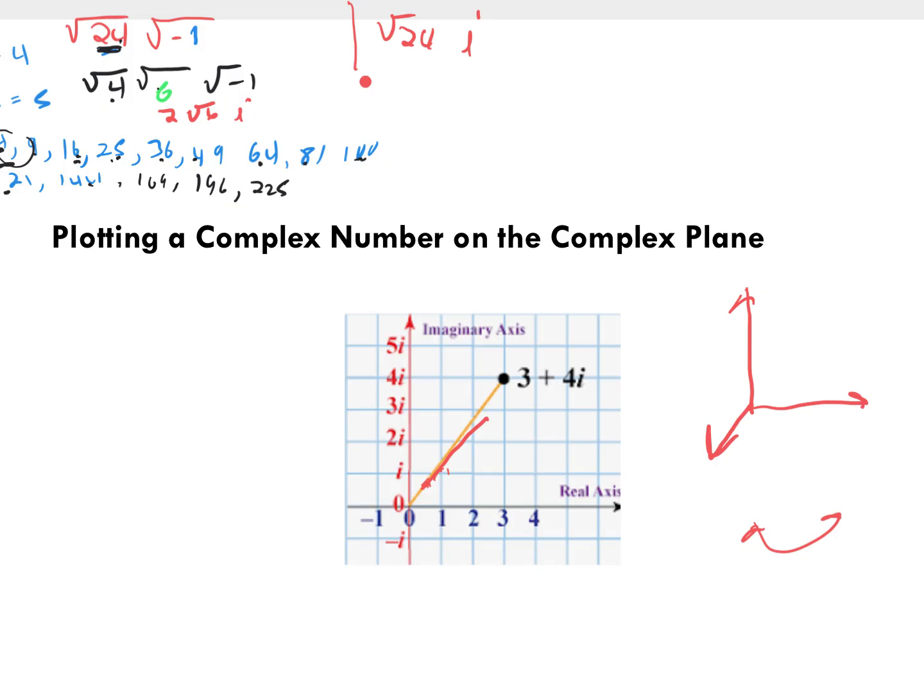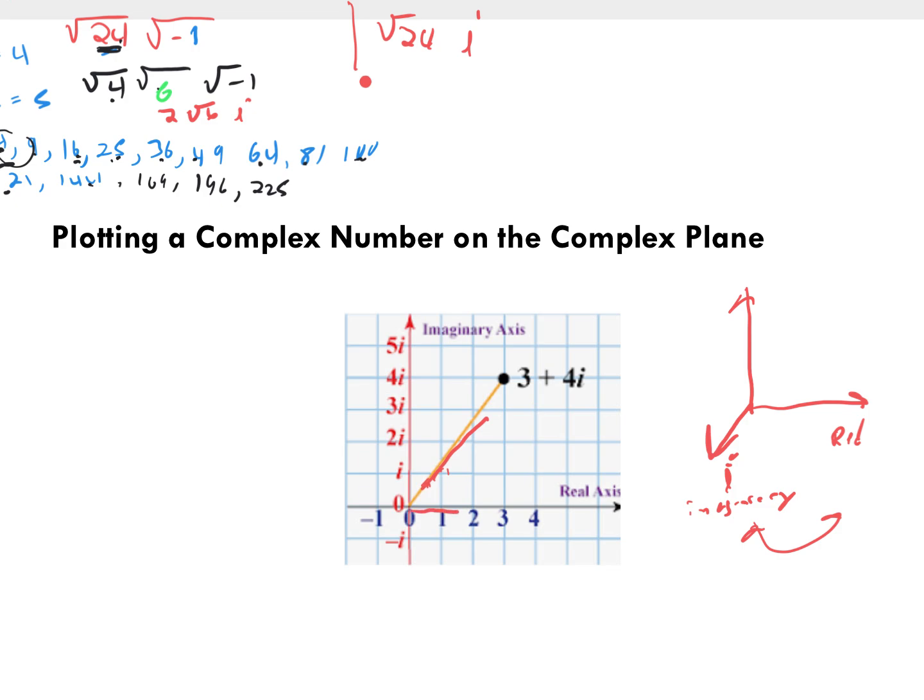This is your imaginary part right here. This is how many i's you have, and this is your real part. So I can just put real, and then this part would be your i part. So that part was your imaginary. Notice how they did it here.